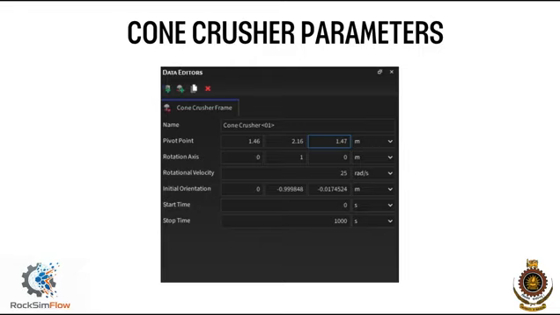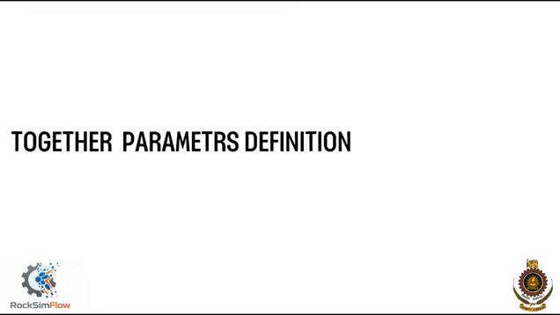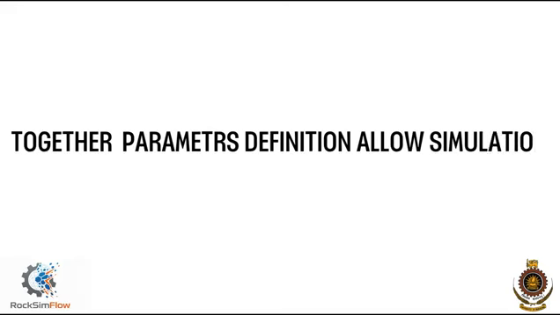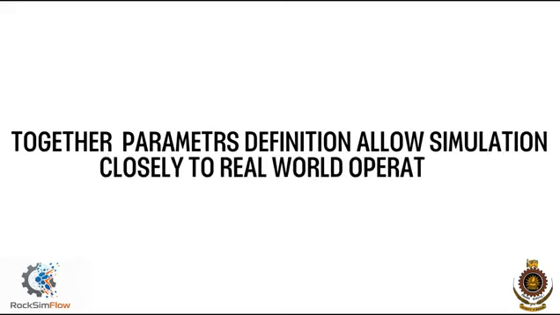Parameters such as initial amplitude, rotational speed, and cycle duration are tuned to ensure stable operation and accurate particle flow behavior. Together, these parameter definitions allow the simulation to closely replicate real-world crushing dynamics, providing reliable insights into how design and operational changes affect system performance.